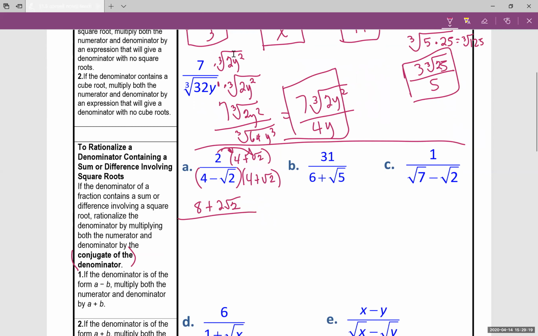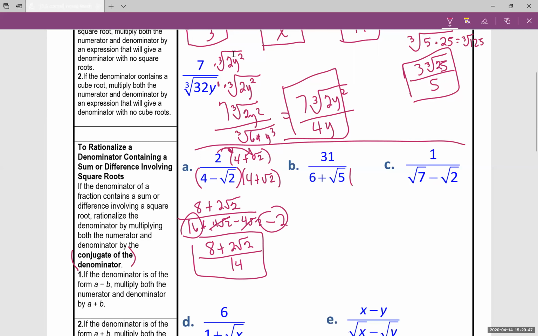On the bottom, I have 4 times 4, which is 16, plus 4 square root 2, minus 4 square root 2. Minus and plus is minus, that just becomes 2. These terms cancel. I have 8 plus 2 square root 2 over 16 minus 2, which is 14, okay?